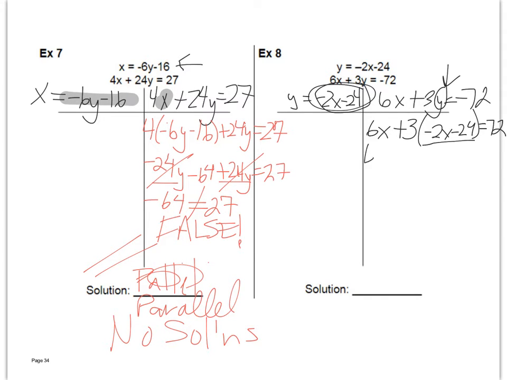It's not a number, but it'll help me figure out a number. Now I'm going to distribute. I've already made a mistake because it's not going to give me a positive. It's going to give me a negative. Let's see, negative 6x minus 72 equals 72. So now I get 6x minus 6x, and I get negative 72 equals, and now I see that I missed my negative right here, so I have to copy it down.